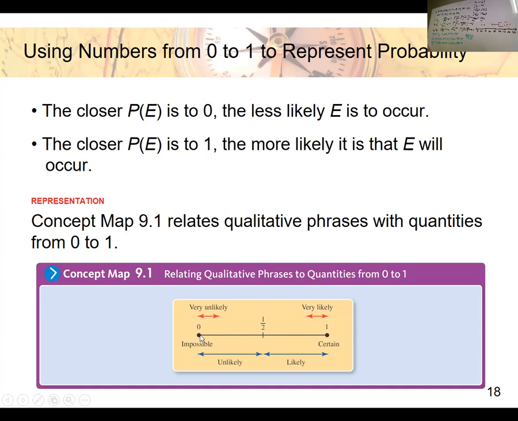At 0 is an impossible event, and at 1 is a certain event. Okay. If your probability is closer to 0, then it's very unlikely. Or if your probability is getting closer and closer to 1, it's going to be very likely. Okay. Unlikely would be less than half. Likely would be greater than half, 1/2.